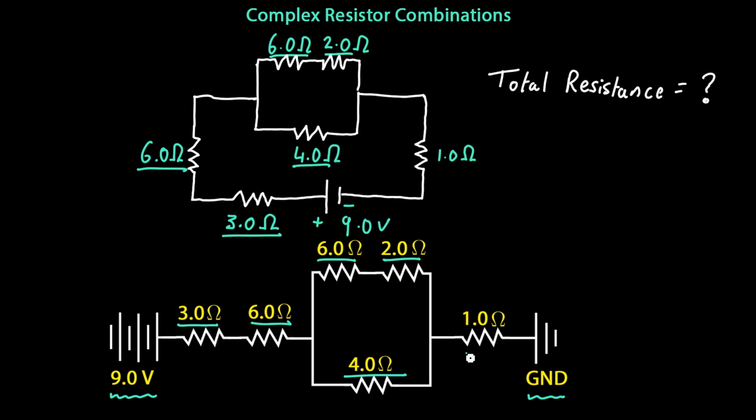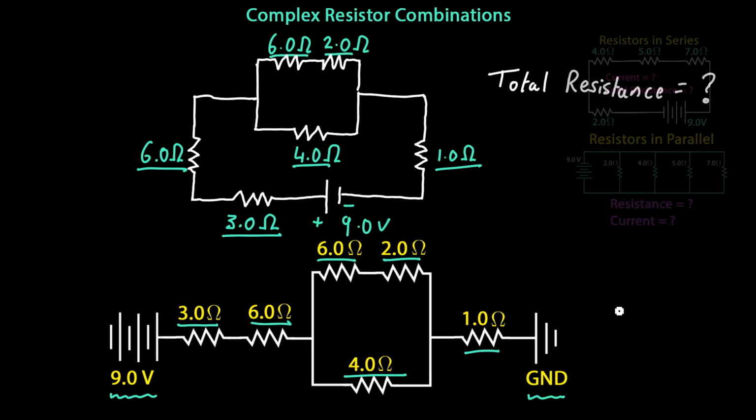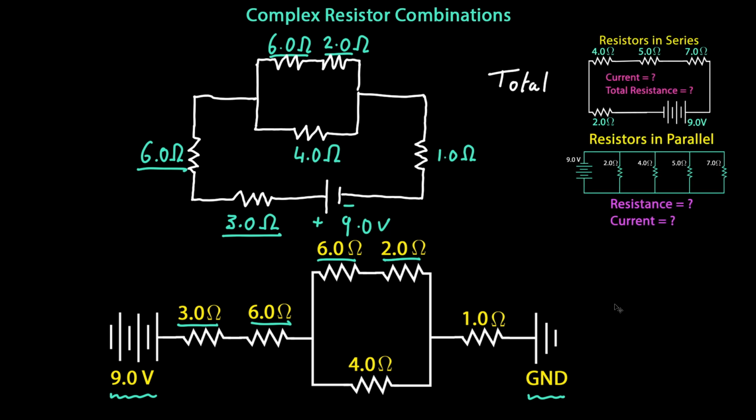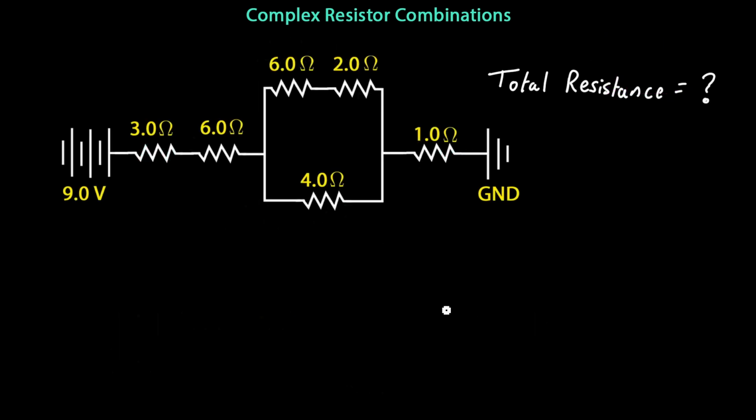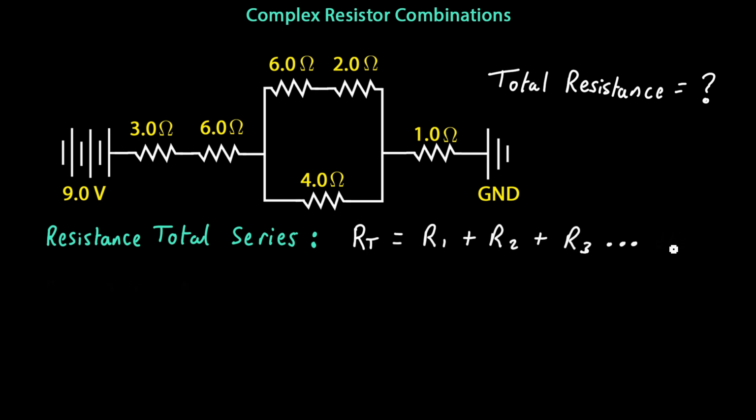Now, there are two formulas we need to use in the next couple of steps, and I did cover these in more detail in the previous two lessons, which I'll link up in the card above. The first one shows us how to calculate the total or equivalent resistance of a sequence of resistors attached in series. In other words, attached end to end with no branches in the circuit.